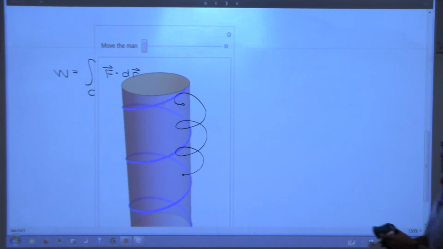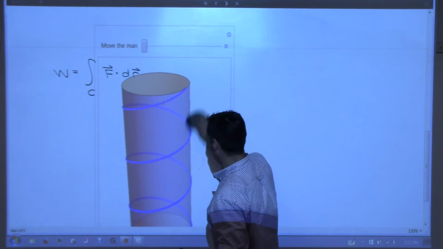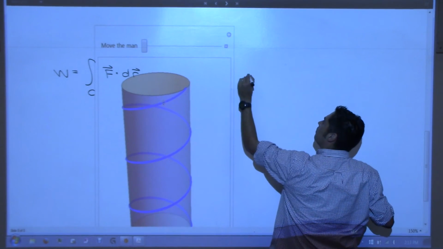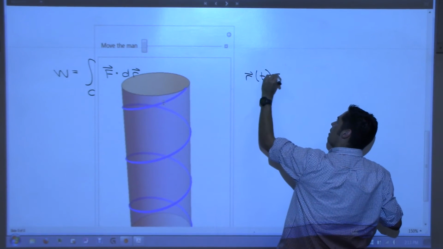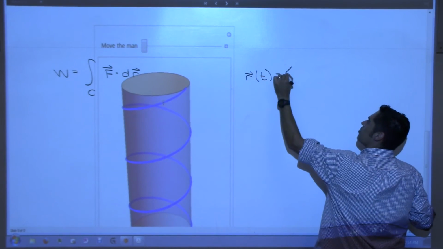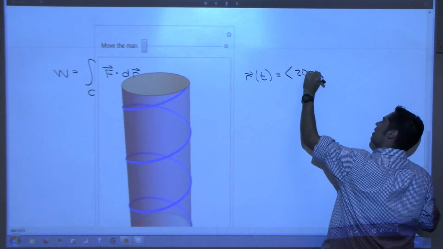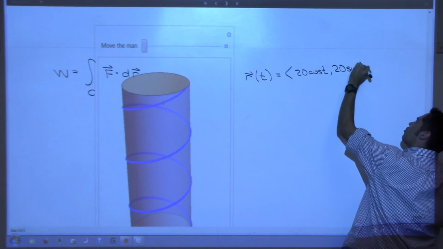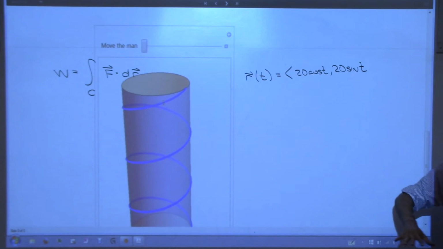How would you draw a radius 20 circle with some sort of vector function? If I just asked you to draw me a circle, radius 20, you would do 20 cosine t, 20 sine t. But that would draw me just a circle on a flat sheet of paper. I actually want it to come up, right?